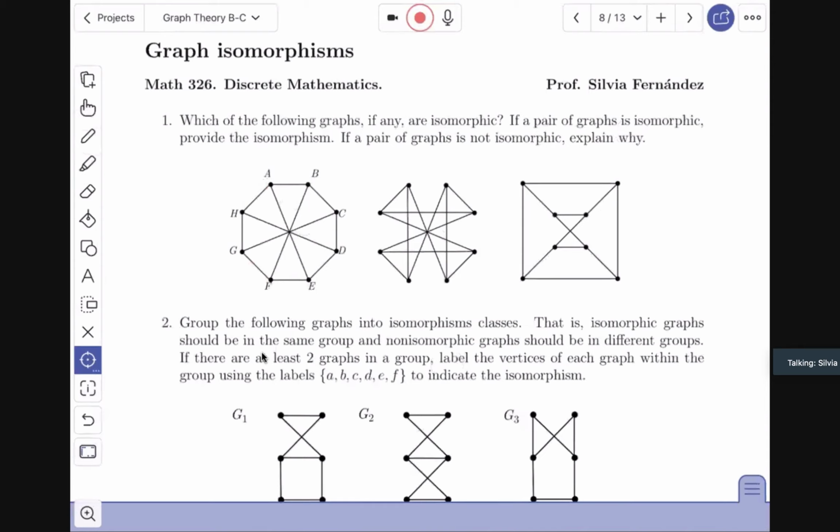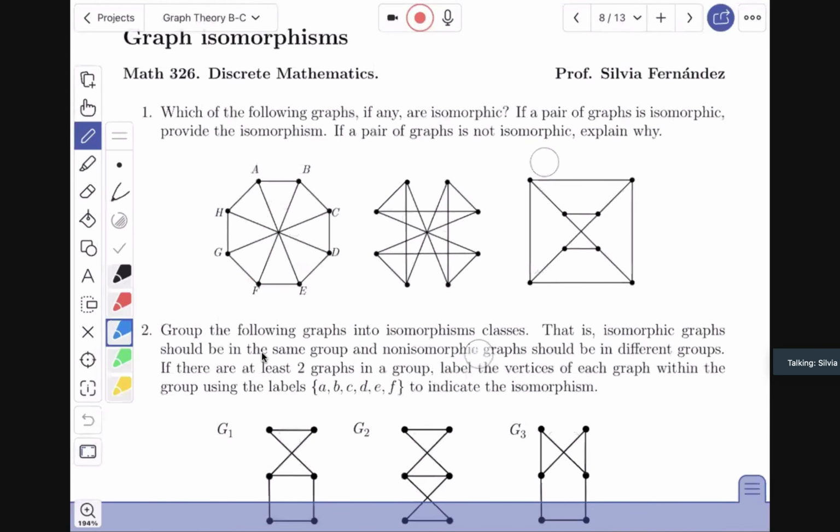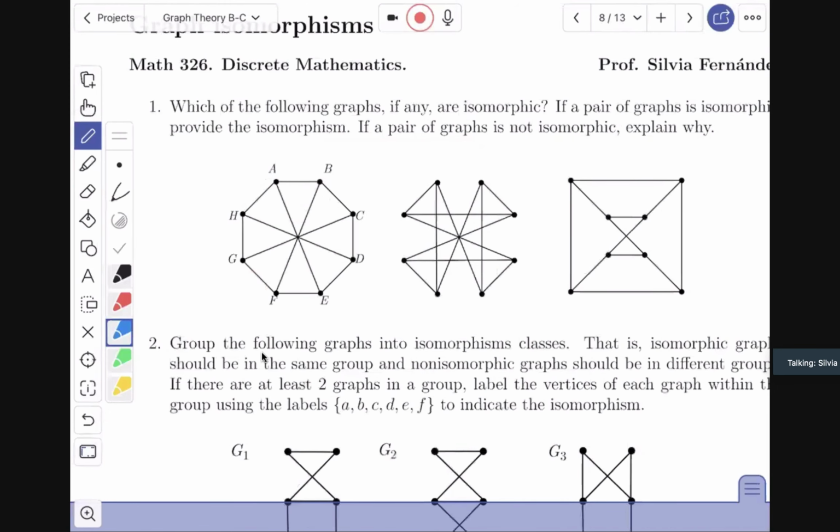So this is how I asked you to do it in the test. There is one question where I say prove that two graphs are isomorphic, and really what I mean is find the labels for the other graphs. So, in the exam, I actually tell you which ones are isomorphic and which ones aren't.